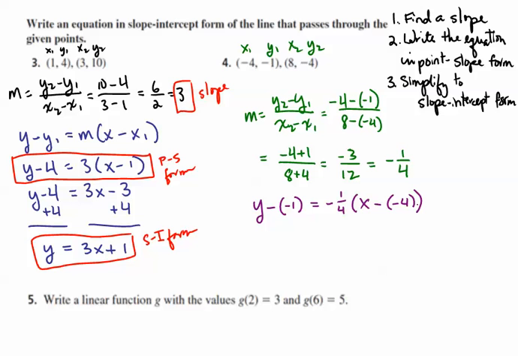So we do have some minus and negatives that can be simplified to positive. So we would get y plus 1 is equal to negative 1/4 times x plus 4.